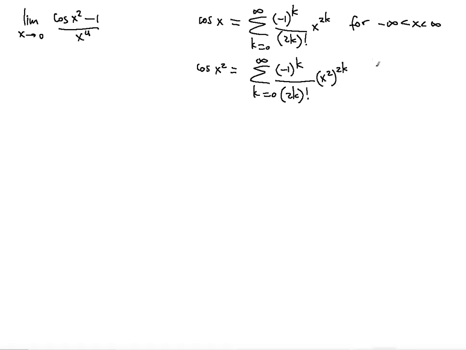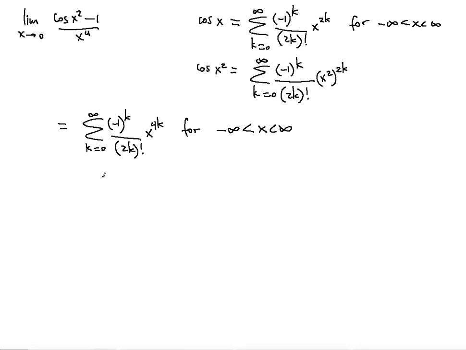And that is equal to (−1)^k over (2k)! times x to the 4k. Using the properties of exponents, a power of a power means you multiply the exponents. It converges for negative infinity less than x squared less than infinity, and the convergence interval happens to be the same.